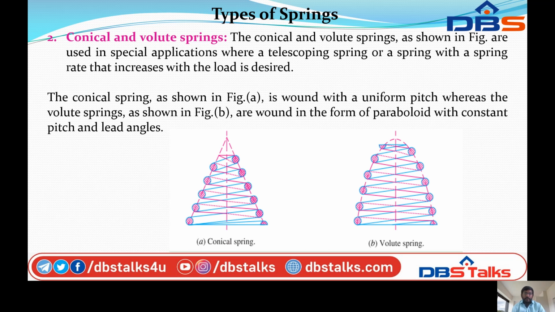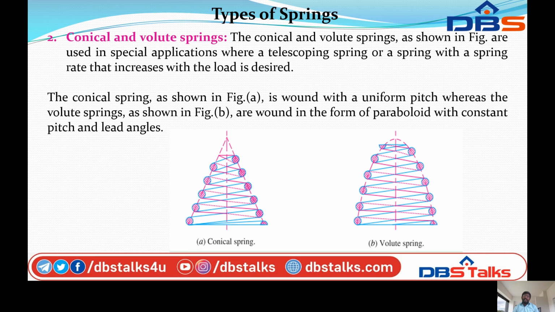The conical spring is wound with a uniform pitch, whereas the volute spring, as shown in figure B, is wound in the form of a parabola with constant pitch and lead angle.